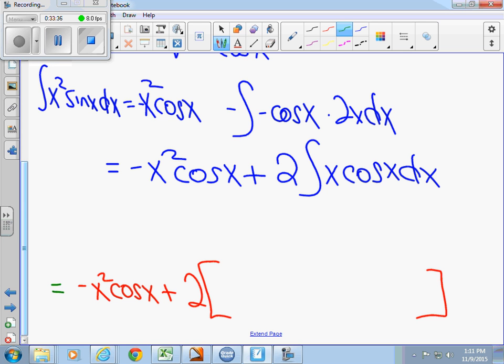Okay, so now I'm going to label just this piece with a u and a dv. I'm going to call it u1. AP wouldn't count off if you just used u again. Your college professor might. I'm going to call it u1 or u2 or something to designate that this is a different u and v from the first u and v that I chose.